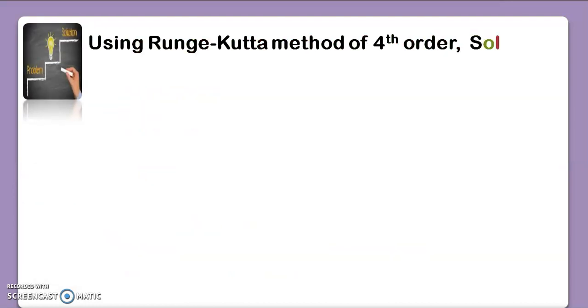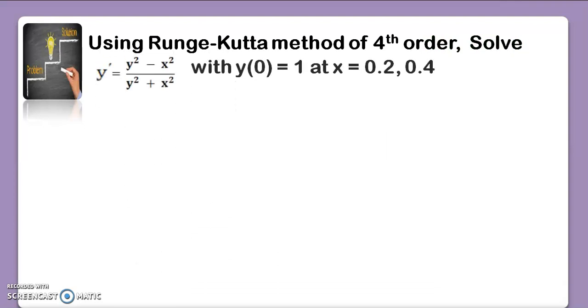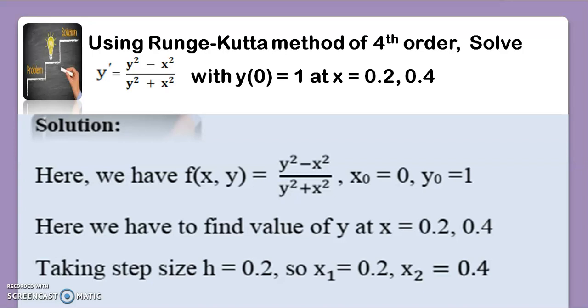Now by using this Runge-Kutta method of fourth order, we try to solve a problem where the initial value problem is y' = (y² - x²)/(y² + x²) with y(0) = 1, at x = 0.2, 0.4. So we will start the solution.